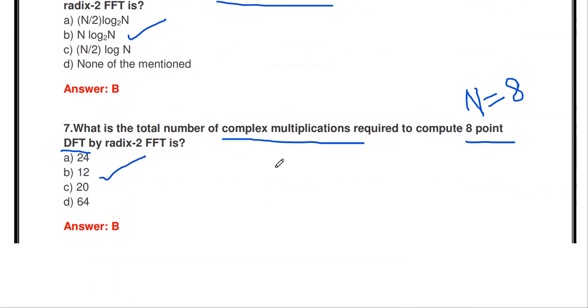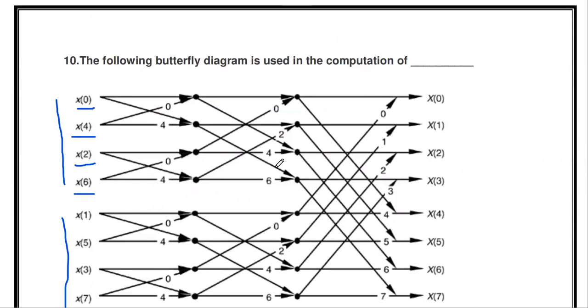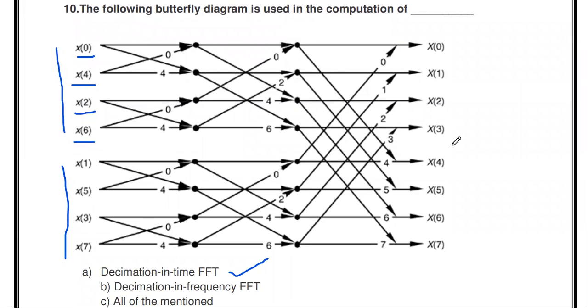In the DIT algorithm, input is in bit-reversed order and output is in natural order. In the DIF algorithm, input is in natural order and output is in bit-reversed order. The number of stages is log n to the base 2. And in each stage, the number of butterflies is n divided by 2.